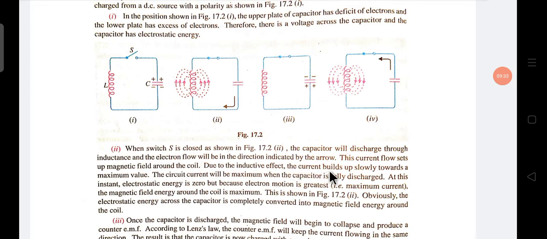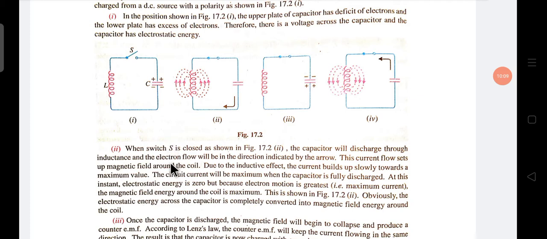Now the current sets up a magnetic field around the coil. Whenever current passes through a coil, a magnetic field is created in that coil, which is called the electromagnetic effect. Here also, a magnetic field is created inside the coil due to the inductive effect, the current building up slowly towards a maximum value.